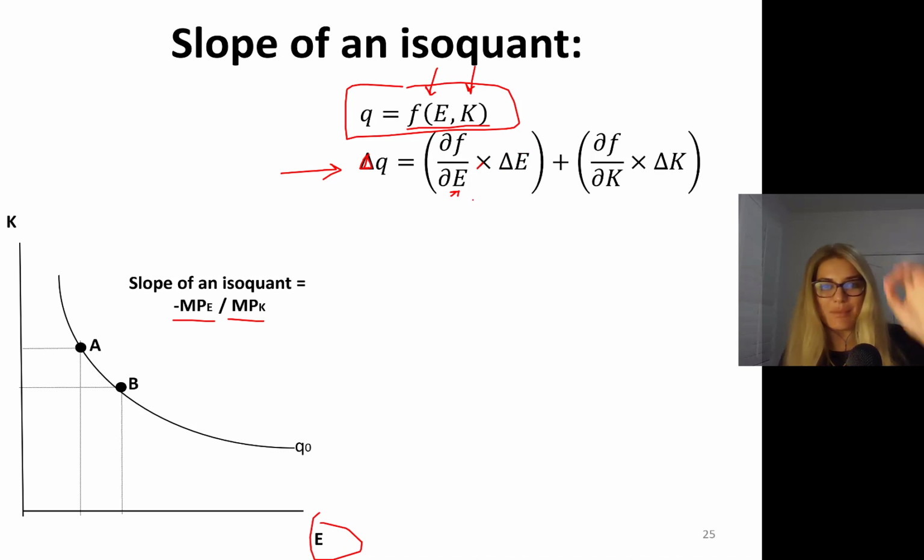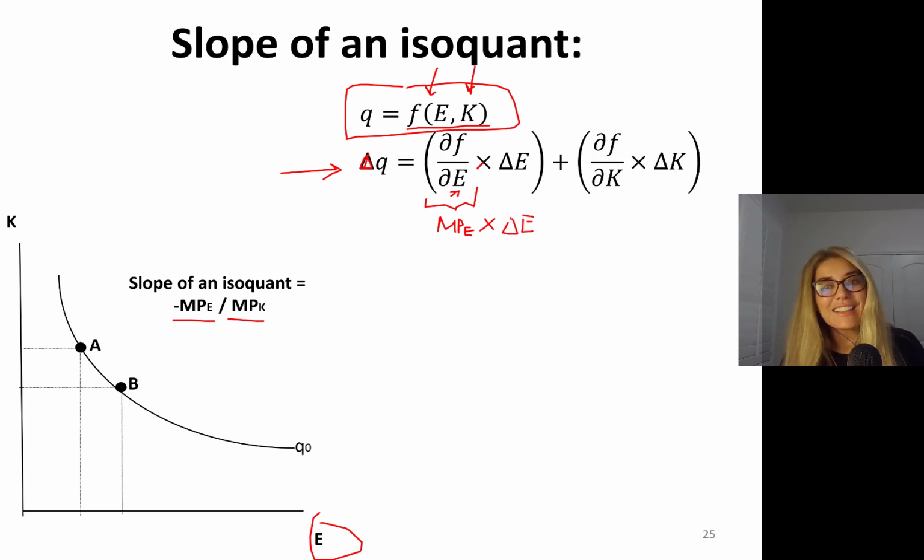In English, this means, if I change employment by an infinitesimal unit, how will my output change? Marginal product of labor times how much the employment level changed.